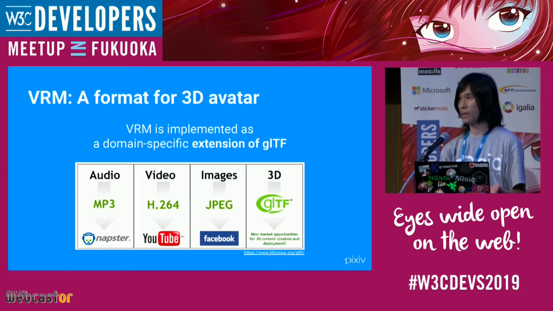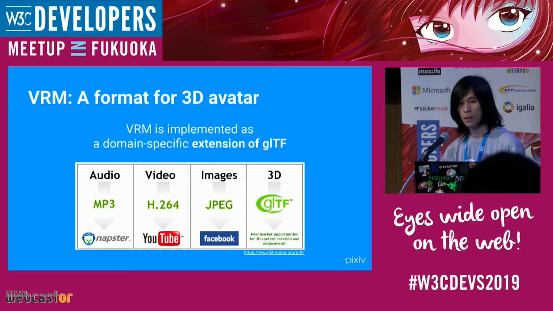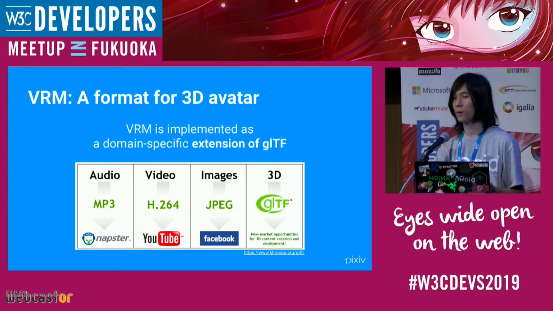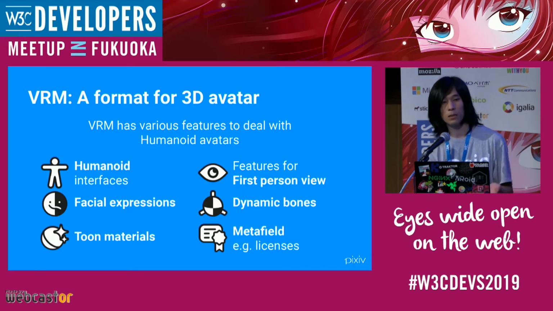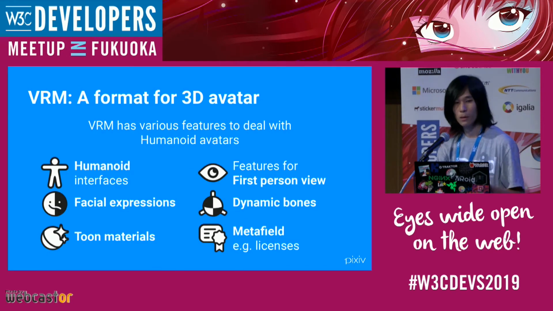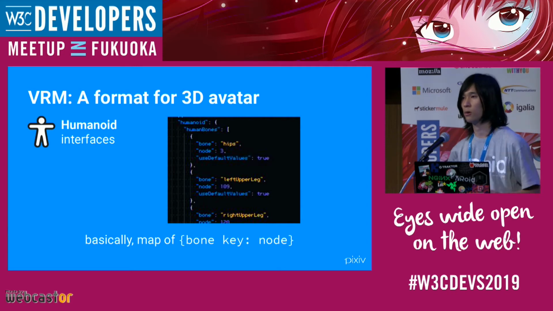Actually, VRM is an extension of glTF. glTF is a format for 3D models proposed by the Khronos Group. VRM has many features to deal with humanoid avatars. For example, you can refer to a character's specific bones with ease, like hips or legs or wherever.